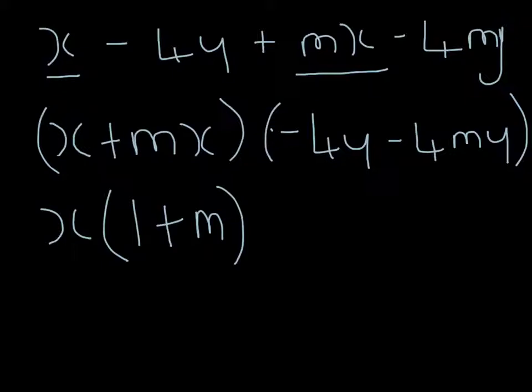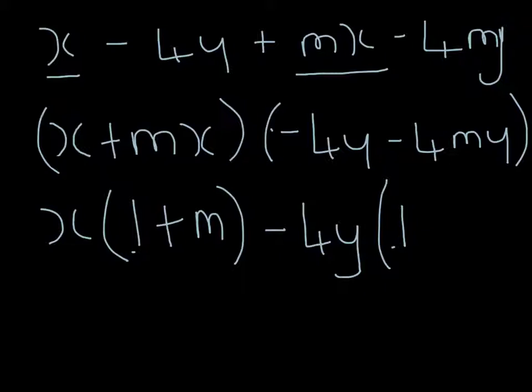Let's take out the common factor of this next one. I can take out the minus 4 and I can take out the y. So let's put that outside the bracket, minus 4y. If I then divide minus 4y by minus 4y, we are left with 1, and look, a bit of magic is happening here.